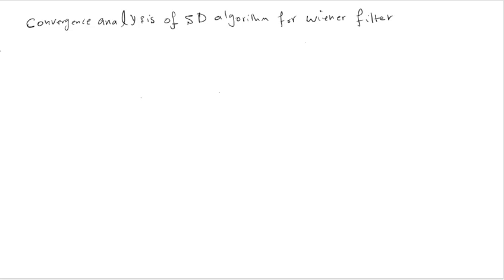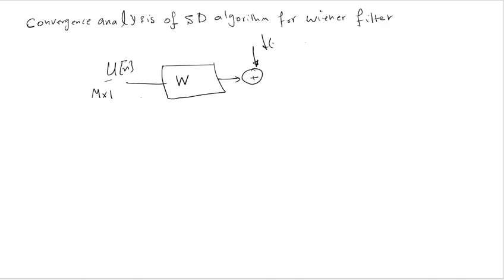As you know, the framework for adaptive algorithm is we have a filter or linear combiner with the weight vector W, input data, it's a vector m by 1, and a desired signal d(n), and the output of filter y(n).